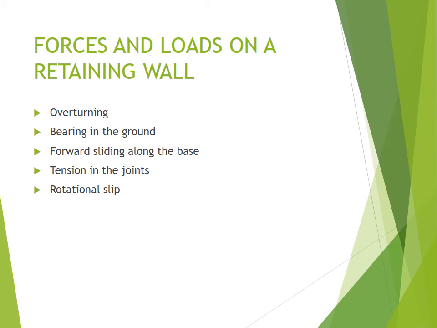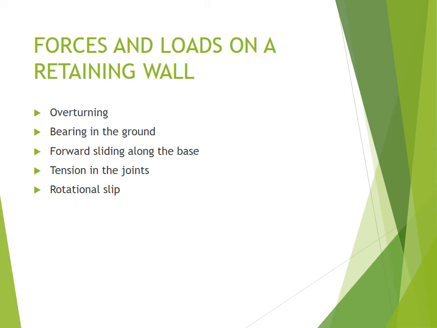At the same time, there will be bending stresses which are tensile in nature due to the retained material. If the bending stresses exceed the compressive stresses, net tensile stresses will result in the wall just above the heel, causing tension. In a masonry wall, these tensile stresses may have the effect of opening the joints. So that is about tension in joints.